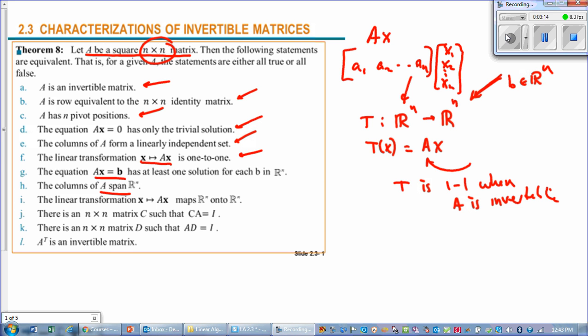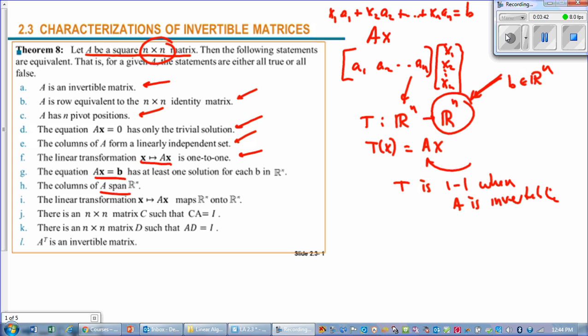That product was just a linear combination of the columns of A. So that meant that if you took a b in the codomain, if the columns spanned, that meant that b was a linear combination of those columns.